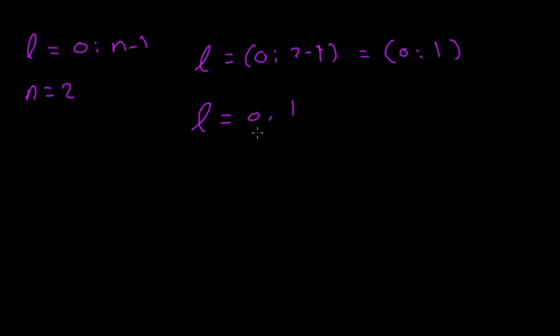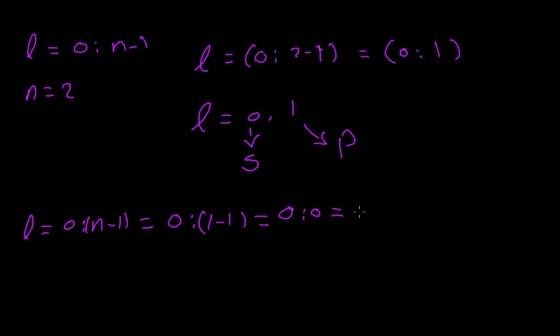So you have two sublevels here, sublevel 0, which is S, and sublevel 1, which is P. So let's try it when you are in the first energy level. L is equal to 0 to n minus 1, so 0 to 1 minus 1, which is 0 to 0. This means 0, so you have only the s type orbital, or s sublevel, I should say.